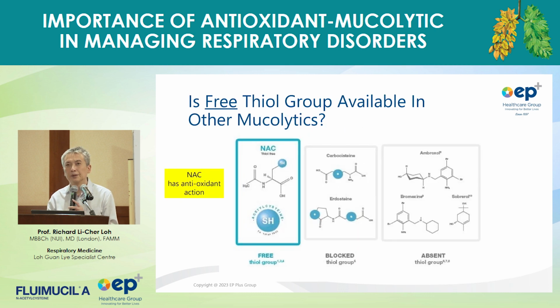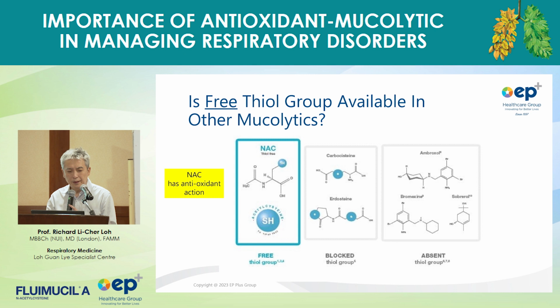Now, this is an important slide because it compares NAC structurally with two other mucolytics that are commonly in the market. So we have carbocysteine, we have erdosteine. Bromhexine is a very old drug, and in government hospitals, I think almost everyone gets it. But I think this is a very weak mucolytic.